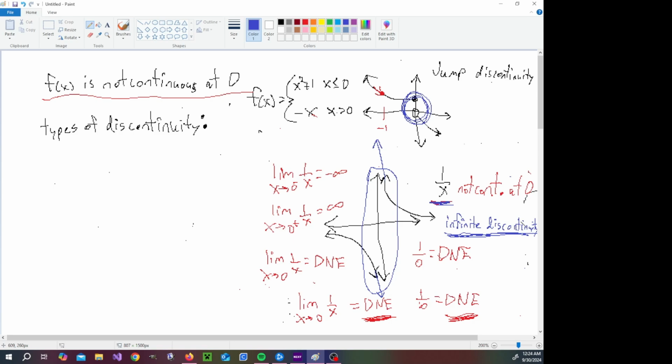Now, this also happens anytime we have a vertical asymptote. So let's kind of compare this to like 1 over x squared, right? So the graph of this function is actually only ever going to be positive, and we also are discontinuous, but in kind of a different way, right?